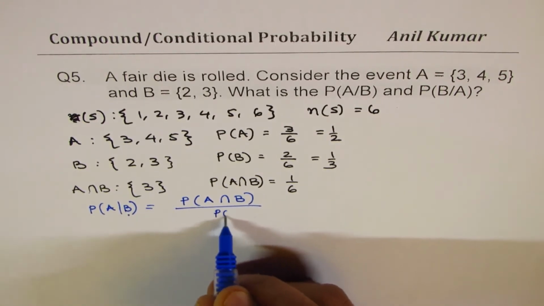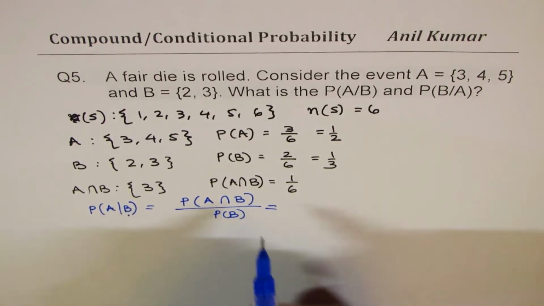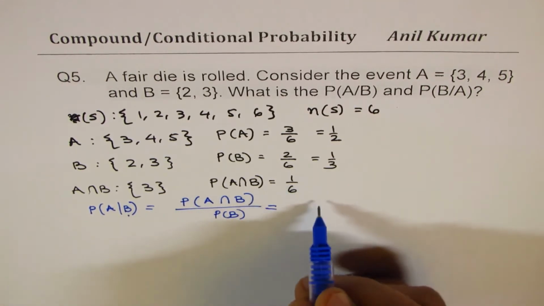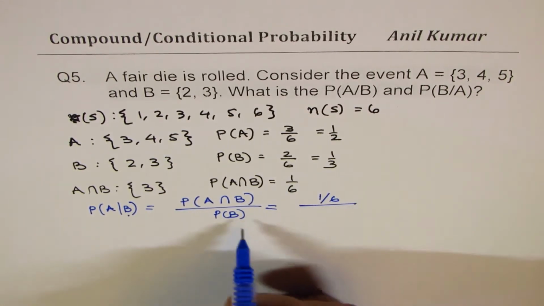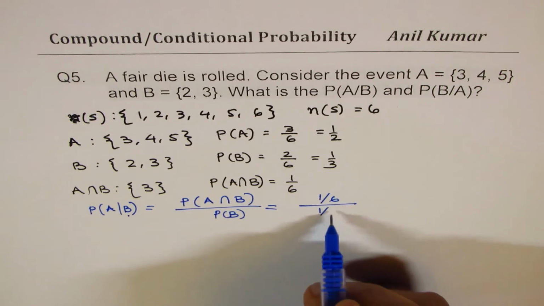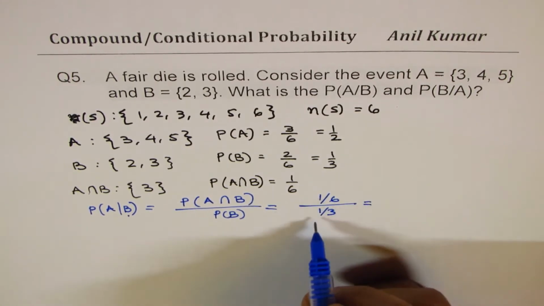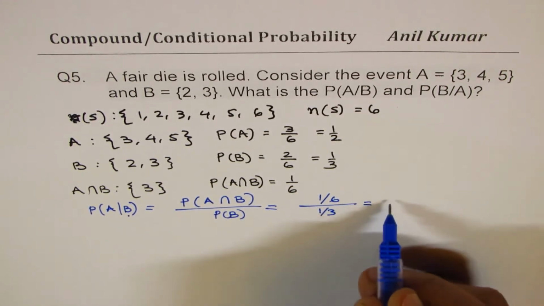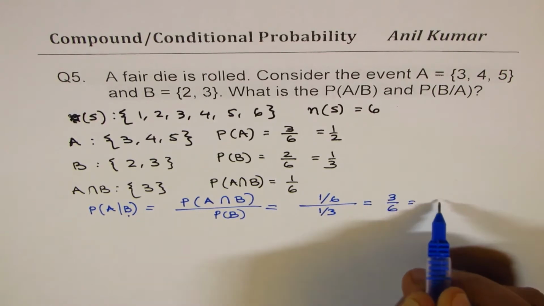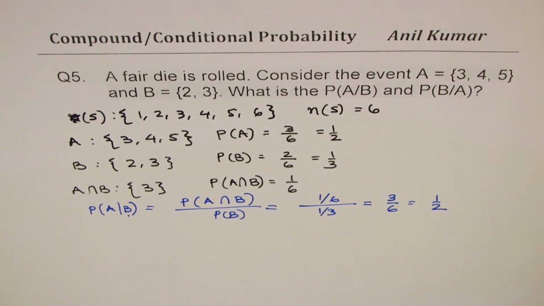So the intersection is 1 over 6 divided by the probability of B, which is 1 over 3, right? So that is how we get 3 over 6 or half.